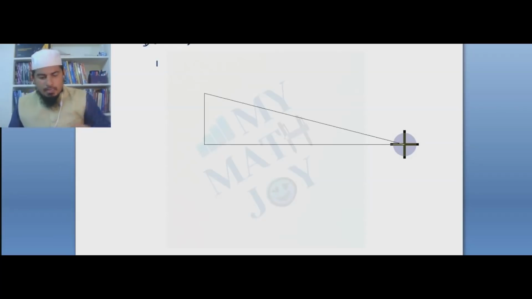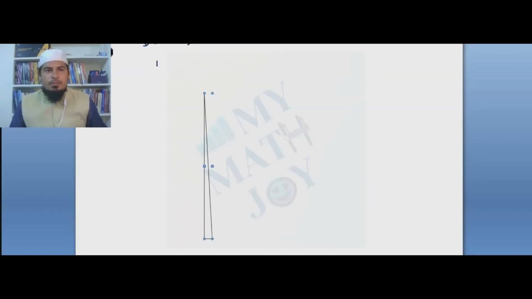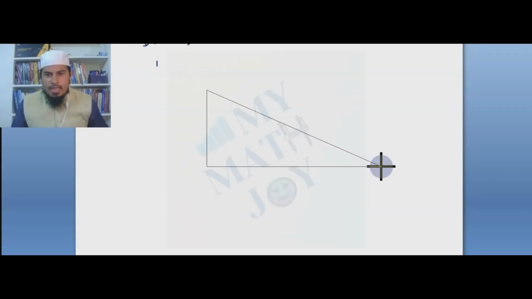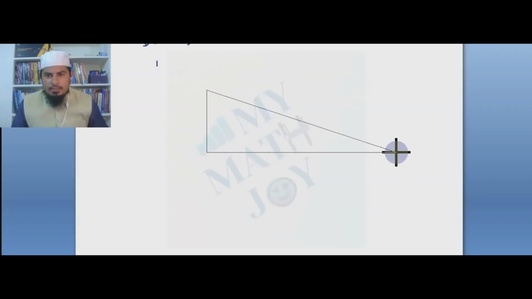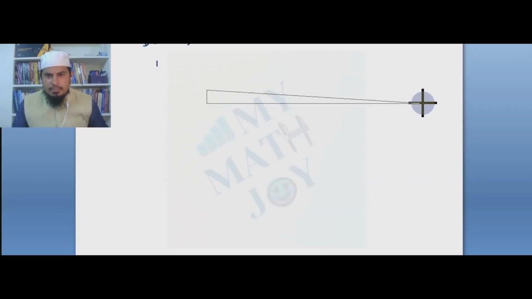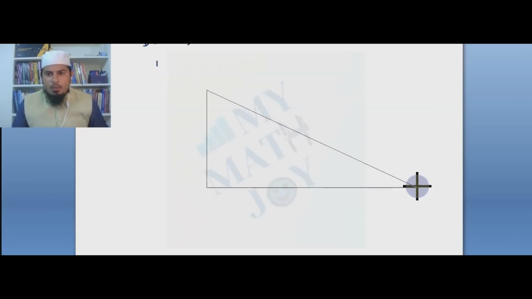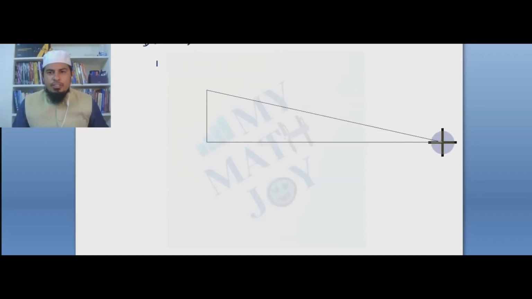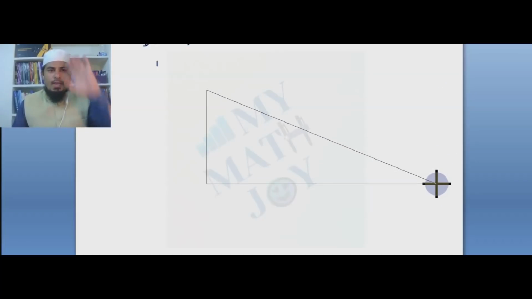Now see here, the angle is decreasing, decreasing, decreasing. So what is happening when the angle is decreasing? The altitude side, the opposite side, is vanishing.